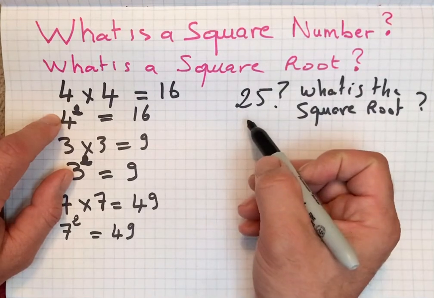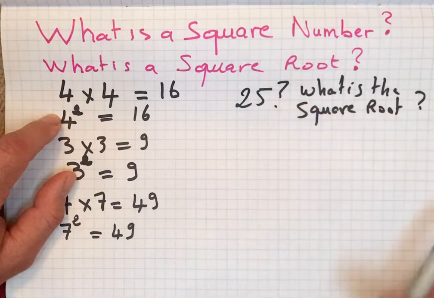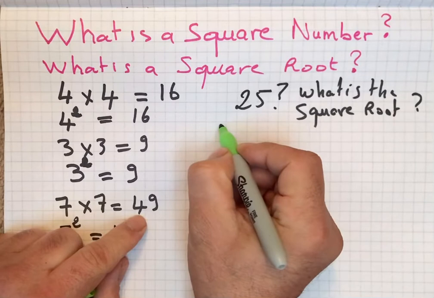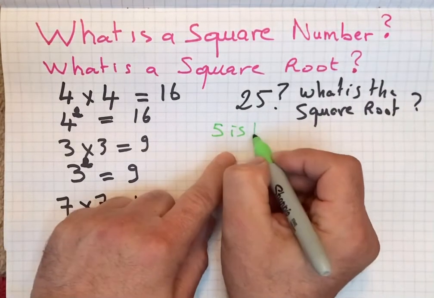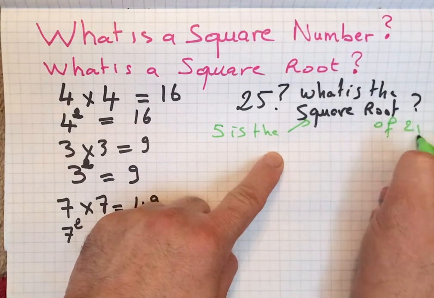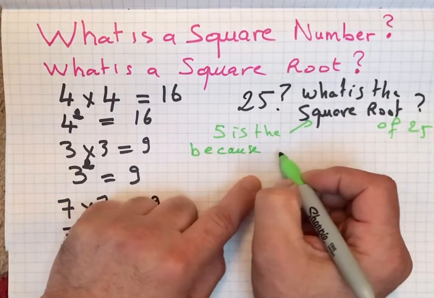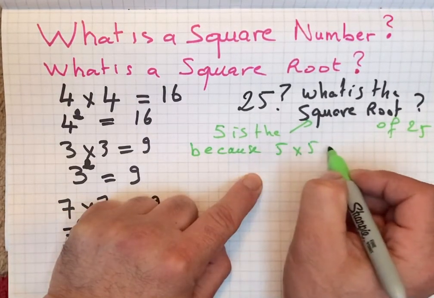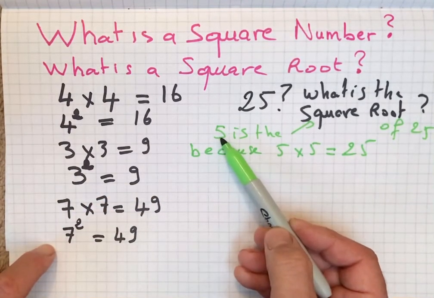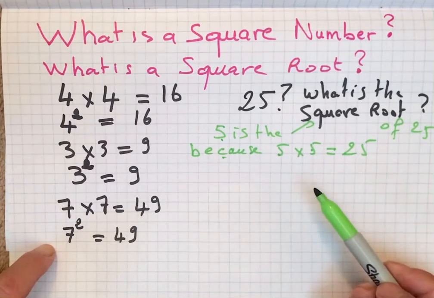Of course, we multiplied the number 5. So 5 is the square root of 25 because 5 times 5 equals 25.